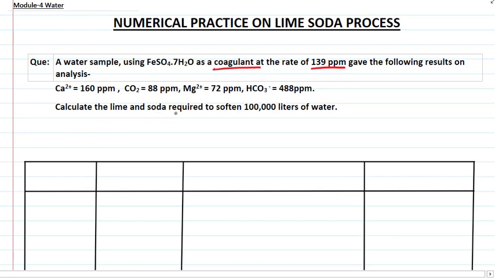Calculate the amount of lime and soda required for softening 100,000 liters of water, or we can say 10 raised to the power 5 liters of water.